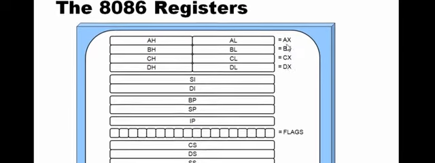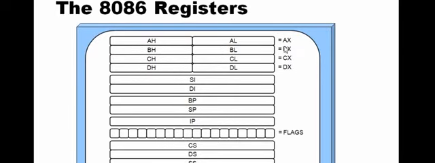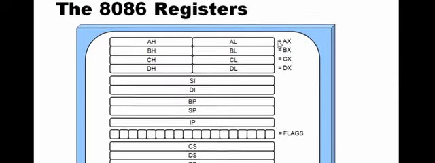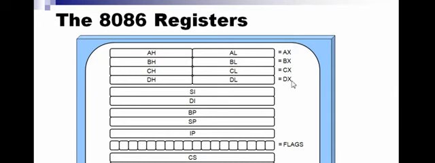So we have 4 registers here, 16 bits long: AX, BX, CX, and DX. These are the general purpose registers, that means we can use them for many things.